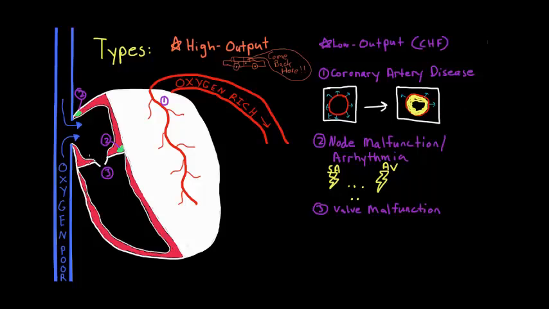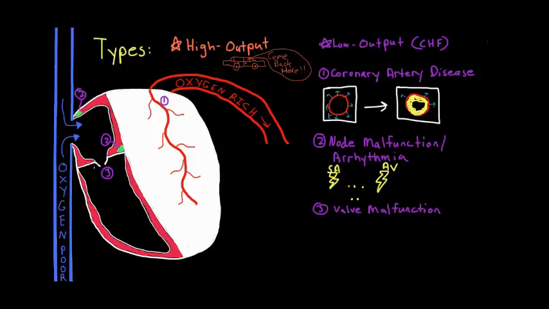So what happens, say, if this valve were sticky or rigid and it wasn't allowing enough blood to move through the ventricle? You know, it's narrowed and it's not able to open up all the way, so we don't get a maximal amount of blood in the ventricle. Well, when the ventricle pumps, it's not going to pump enough blood down the circuit, right? So we're going to have a problem here.